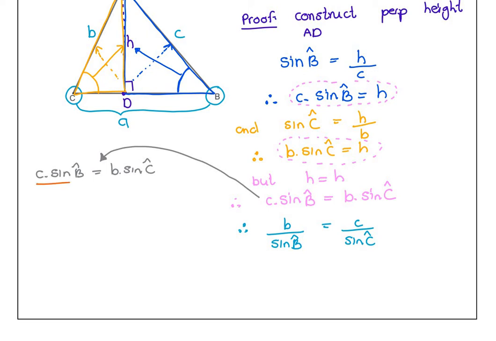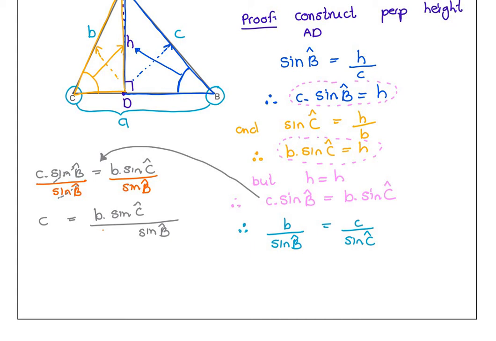So if I wanted to keep the sides at the top, I would basically divide by sine of angle b on both sides. Now what that does is it causes the sine angle b to cancel, and so I get c equals b times sine angle c all over, and I've got the sine of angle b at the bottom.